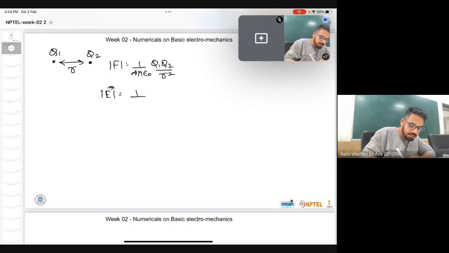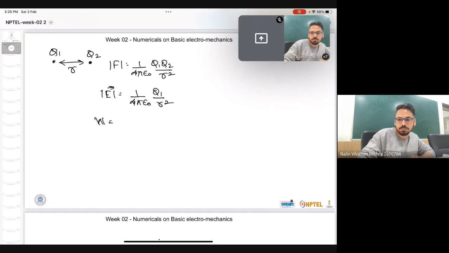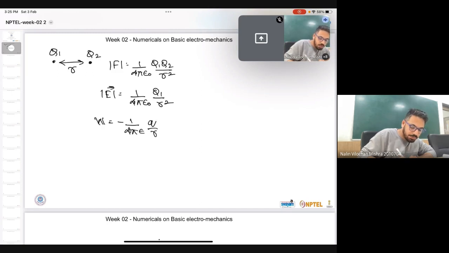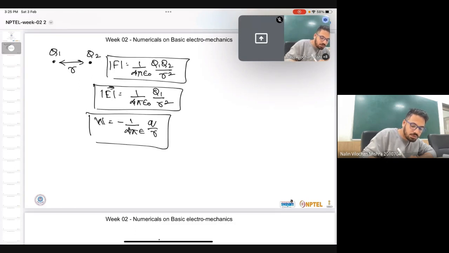The electric field we can write as 1 by 4 pi epsilon naught, Q1 by r square. And work done as minus 1 by 4 pi epsilon, q by r. So these are three basic formulas we are going to use for basic questions.